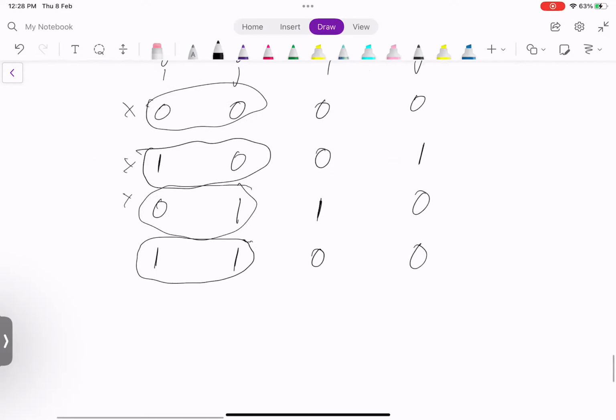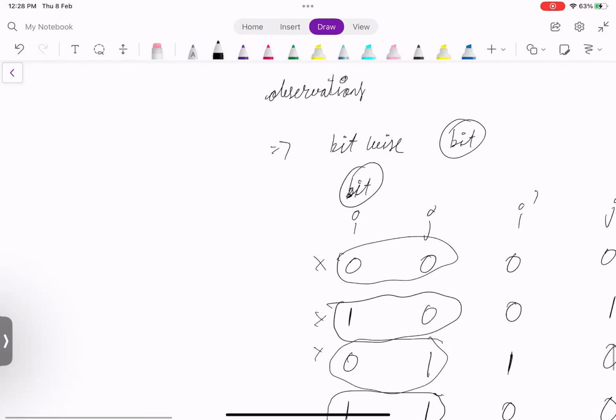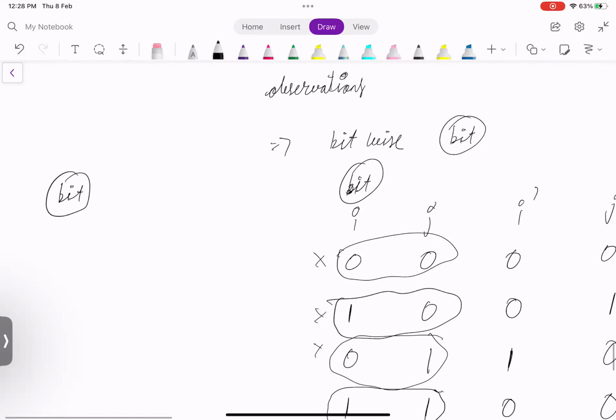So that means at a time, for a particular bit, we can remove this bit from two numbers, basically.